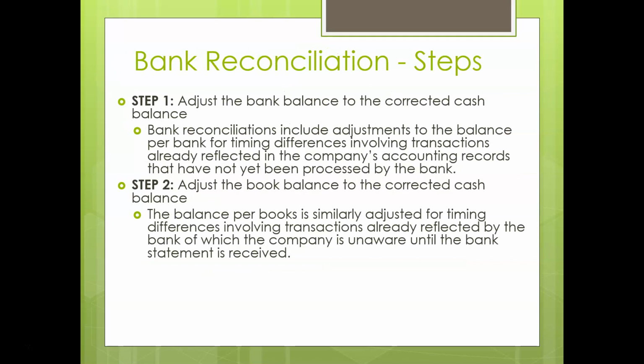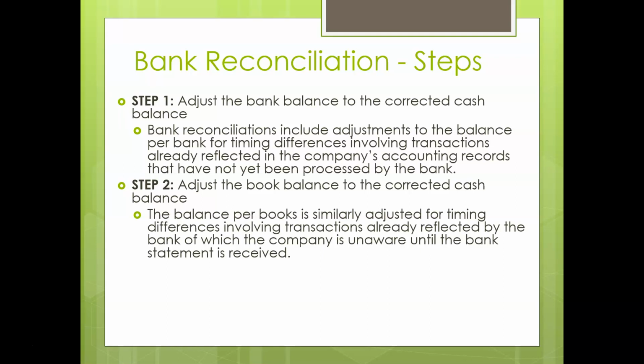So the first thing you always want to do is adjust the bank balance to the correct cash balance. And the adjustments that you're going to have are checks that were issued that haven't cleared, ones that didn't clear last month but cleared this month, and maybe bank errors.